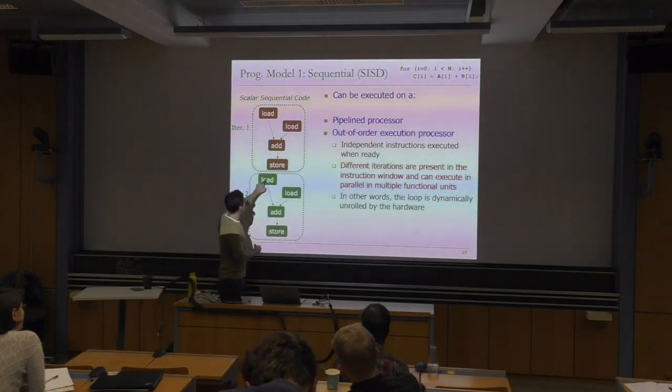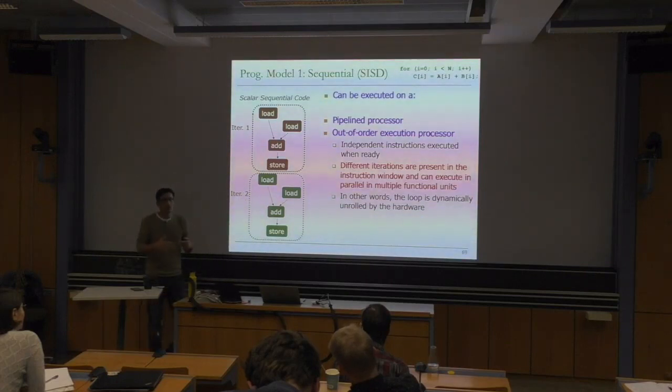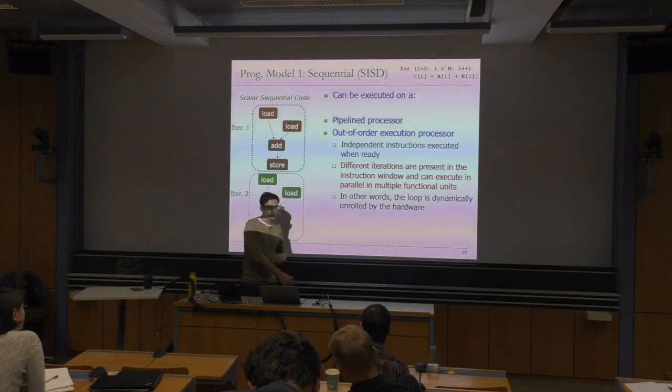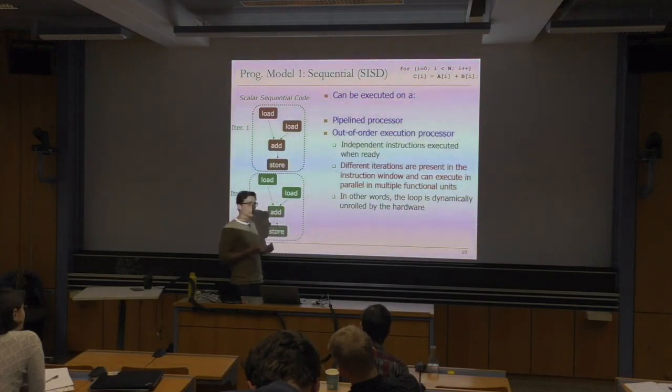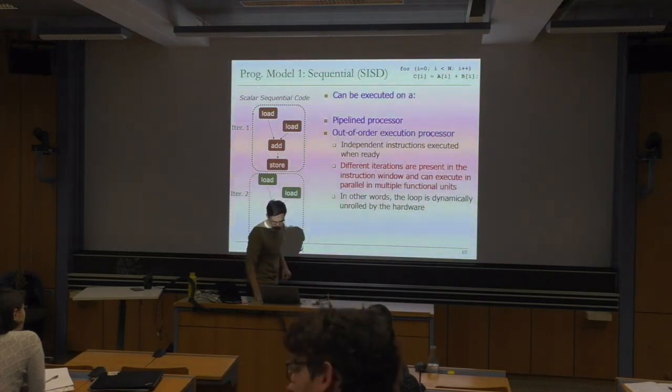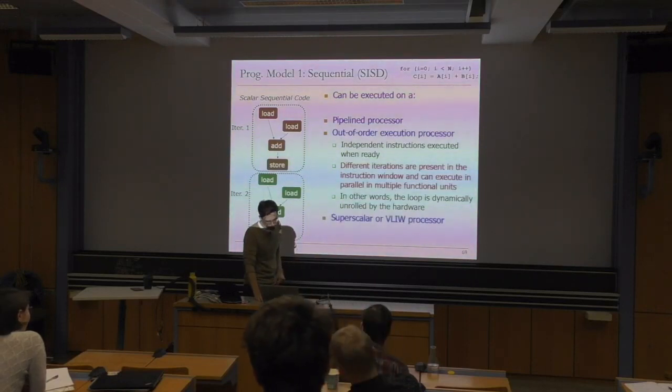And this load and that load and that load might be serviced almost at the same time. Why is that? Because the out-of-order processor operates that way. So it's a way of extracting instruction level parallelism from the code and executing instructions in parallel on the hardware.